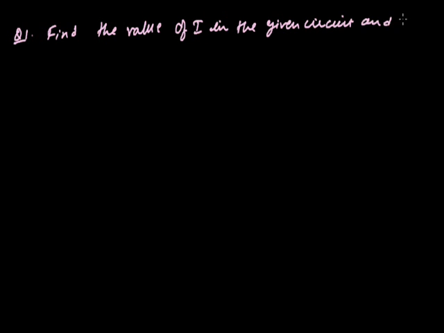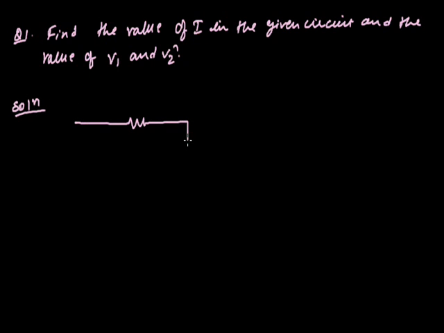We have to find, first we note down the question, the value of I in the given circuit and the value of V1 and V2. This is your given circuit.